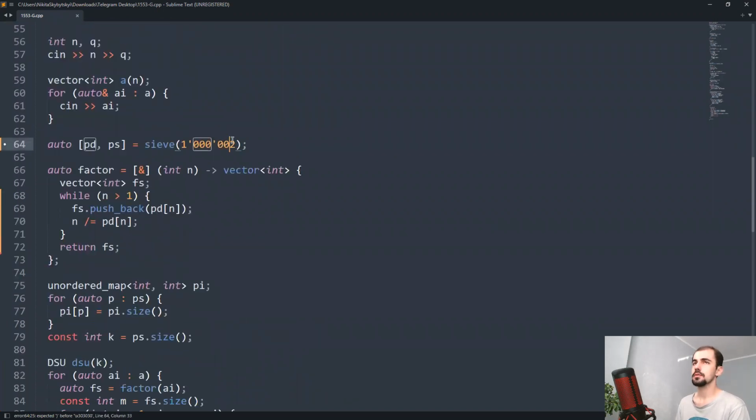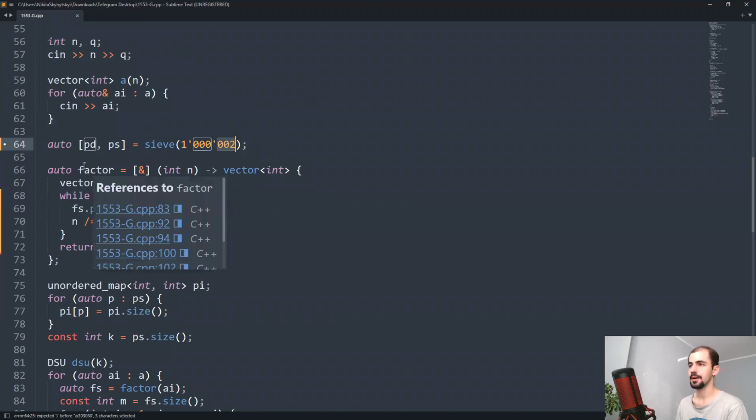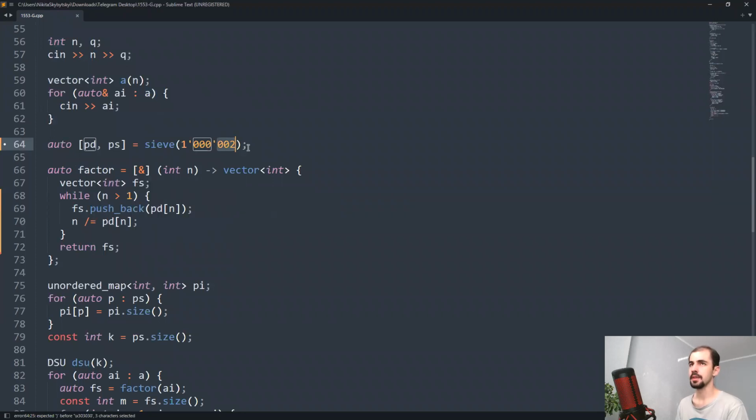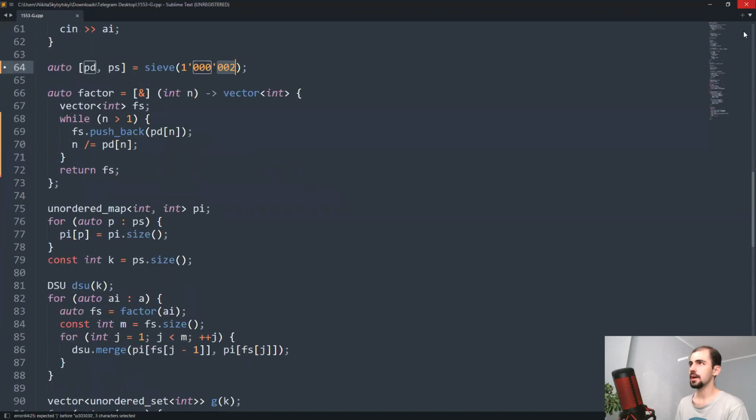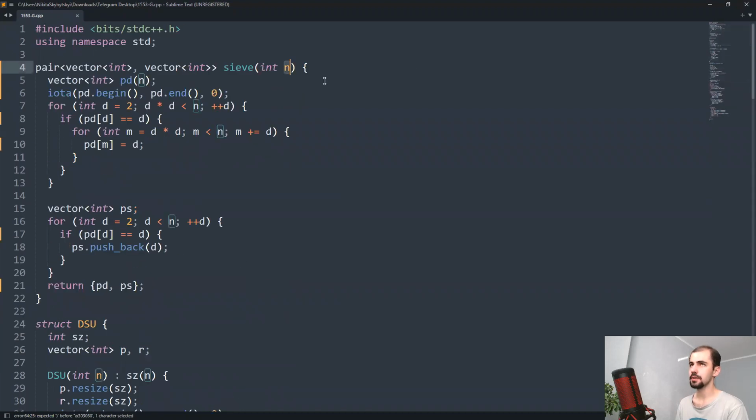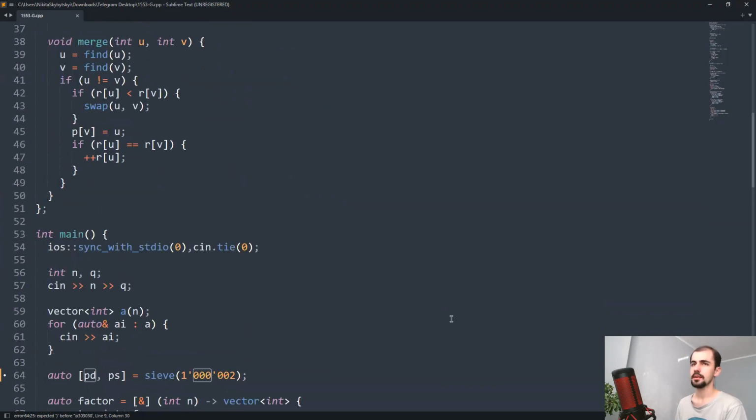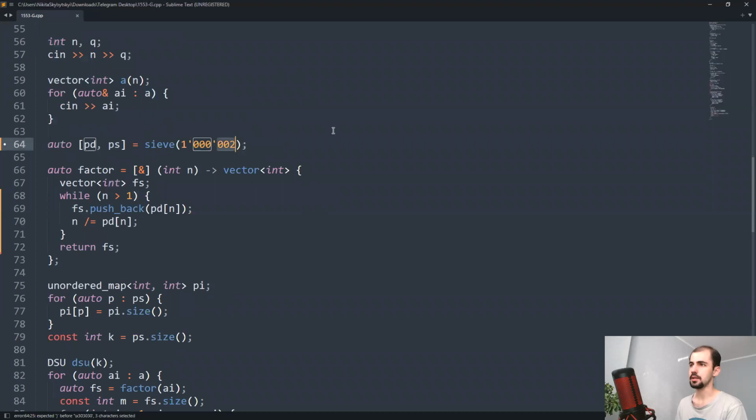So the way we do it, we call sieve with the maximum number that we want to factor, which is 1,000,000 plus 1, A_i plus 1, if you remember. The way I write sieve, it does not factor the maximum number, it goes up to n, because having less-or-equals here and then also n plus 1 here is a bit annoying. So I just add 1 here once.